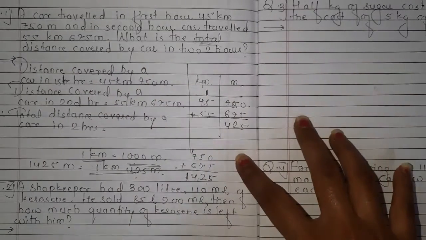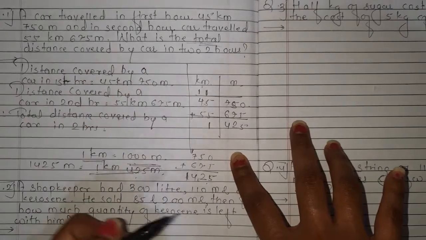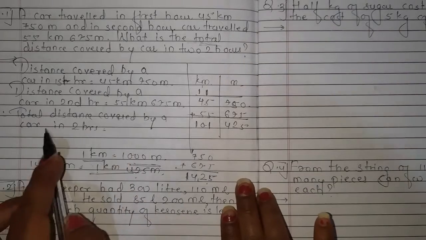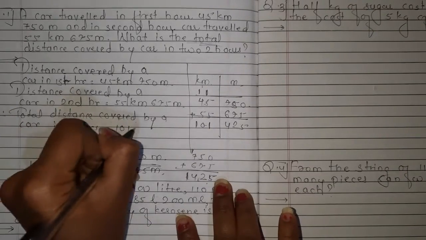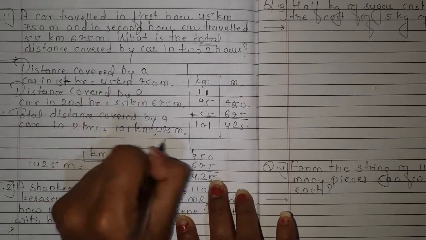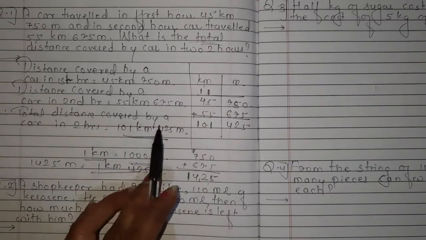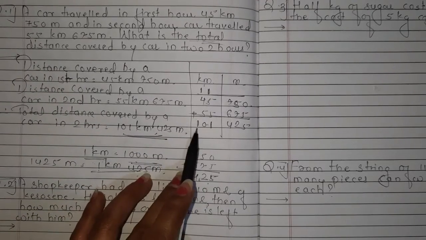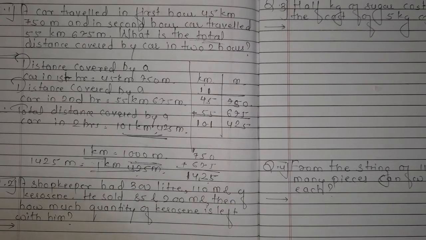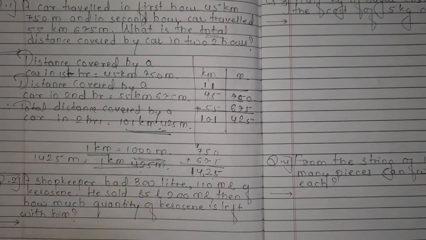So carry 1 over here, 11, and so the total distance covered by a car is 101 kilometers and 425 meters. So the total distance covered by a car in 2 hours is 101 kilometers and 425 meters. Understood? Okay, now next.